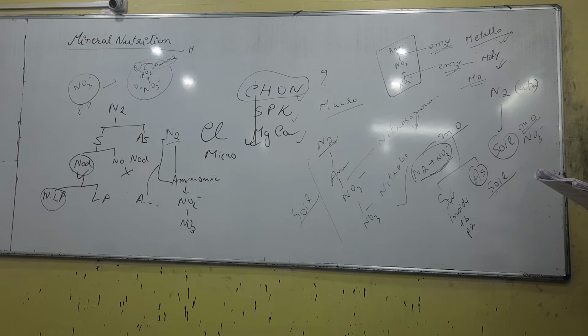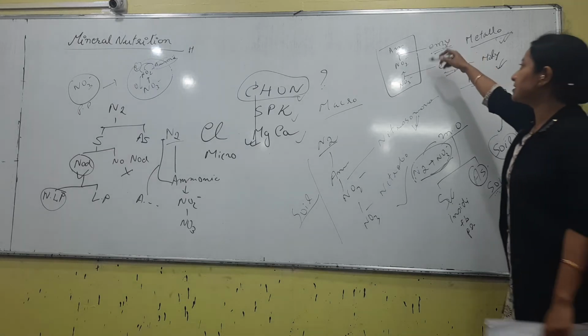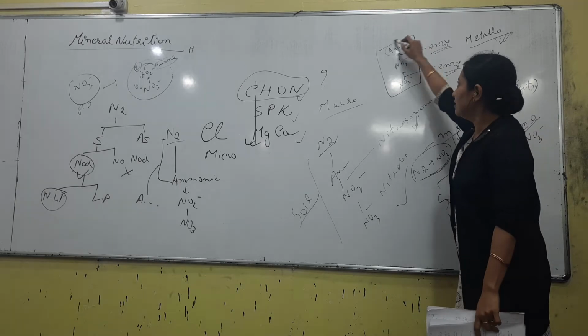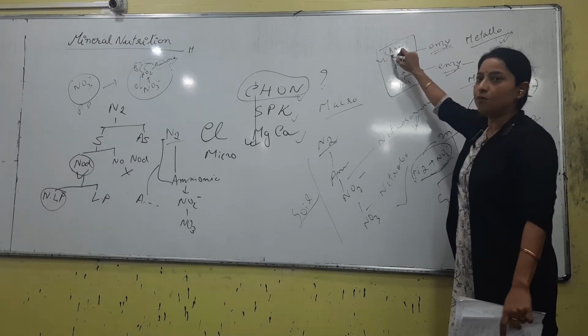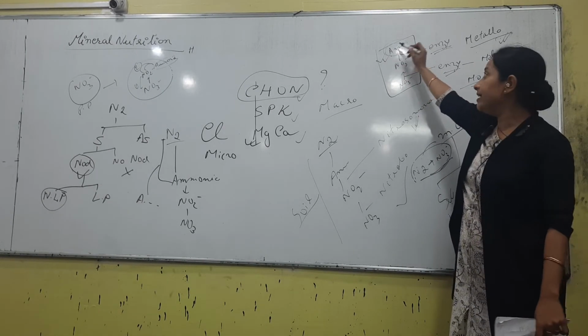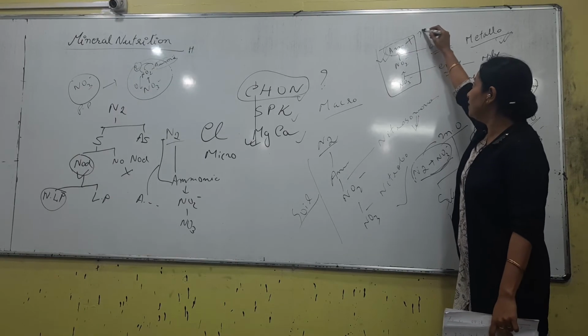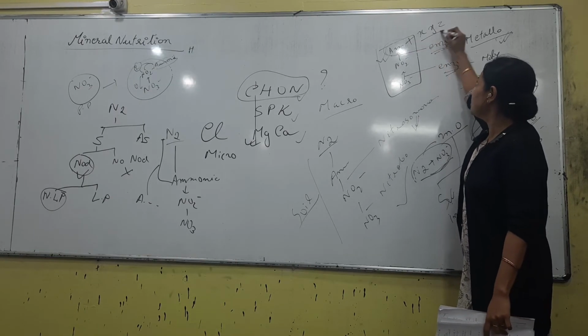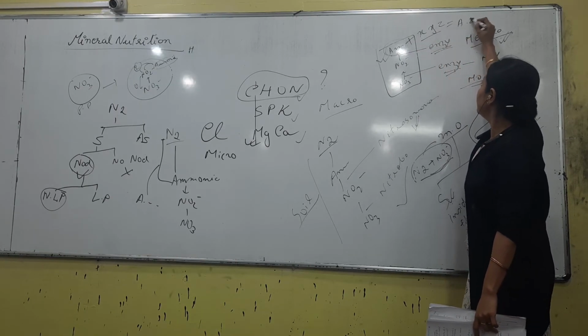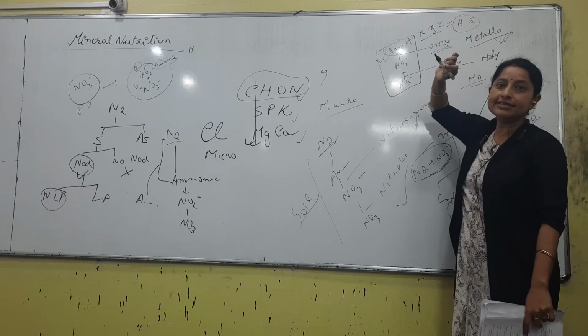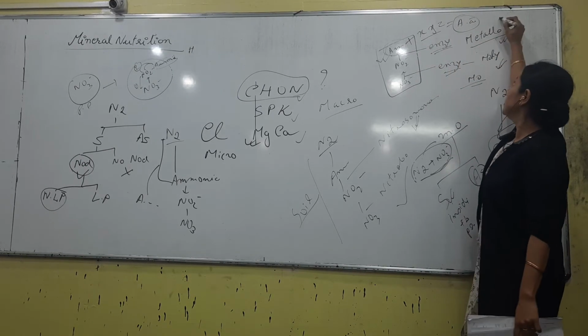So ultimately inside the plant body we have ammonia. Yes or no? After this reduction, it is present in the form of ammonia. As I said, ammonia with the help of different substances will ultimately form amino acids, right? Which form do amino acids take?